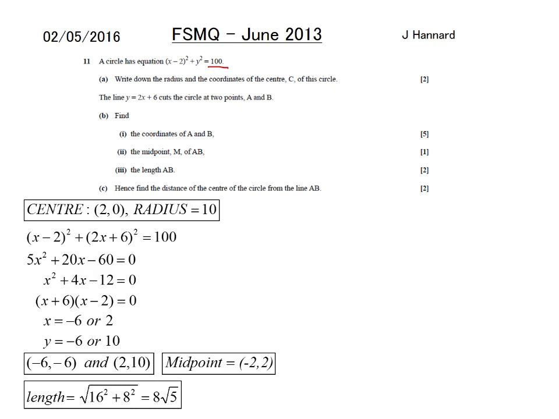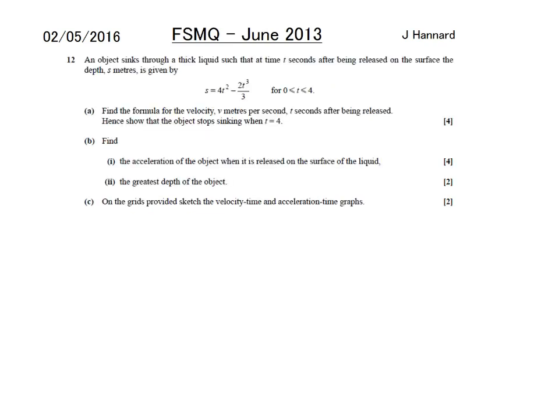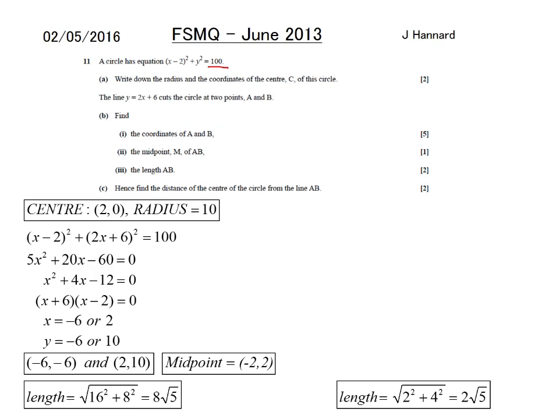Hence, find the distance of the centre of the circle from the line AB. So, the length is 2 squared add 4 squared, which is 2 root 5, because the centre of the circle is obviously 2, 0, and the midpoint of the line AB is minus 2, 2.